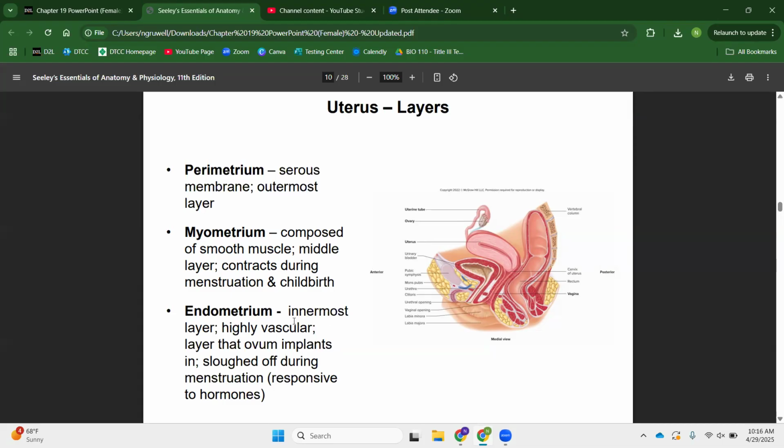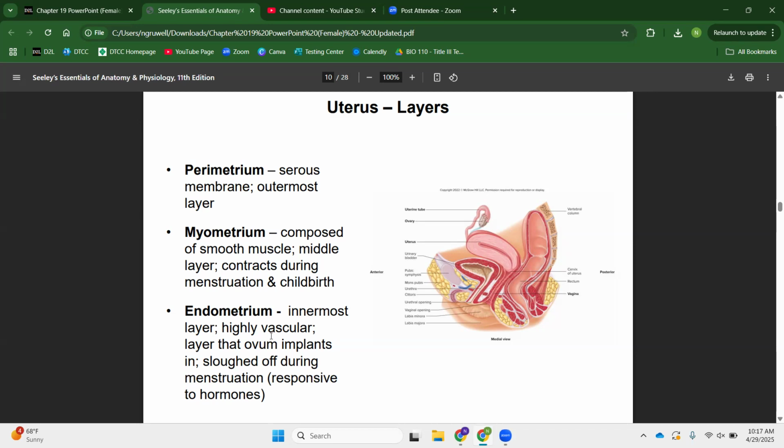The endometrium is also an extremely important layer. It's the innermost layer, and it's highly vascular. Remember, the word vascular means it's going to have a really good blood supply. That makes a lot of sense because blood is how we get nutrients to an area, and our endometrium is the layer that the ovum implants in. The oocyte or that zygote will implant on the endometrium.